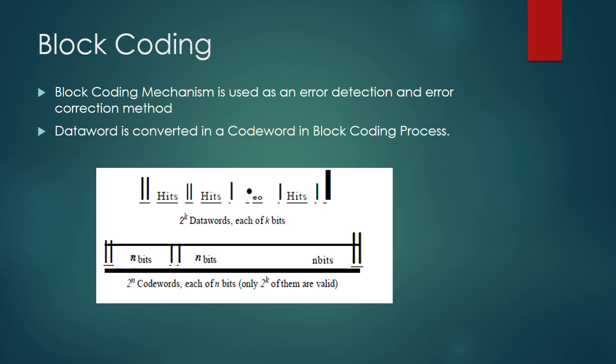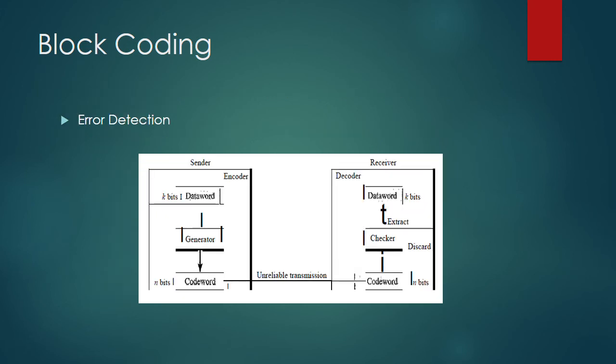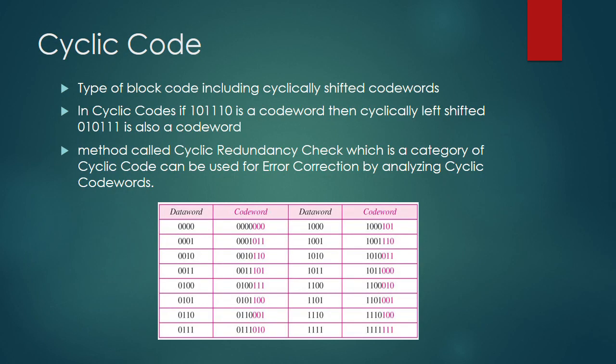Then the receiver accordingly checks if there is an error by checking the possible values against the code word. So the data word is converted into a code word in the block coding process. So these are the error detection and error correction graphs.